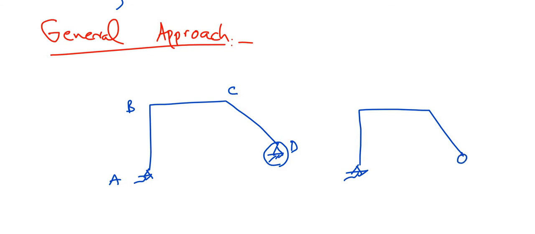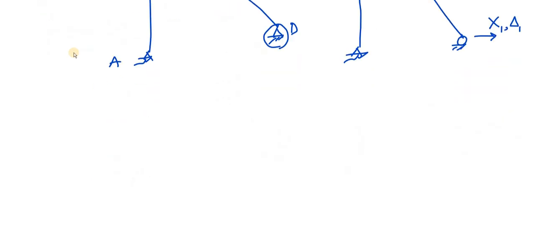So this will become a roller, and we will consider a redundant over here. Let's represent it by x1. And we will also consider a displacement measure delta 1 using again this basic approach, delta 1 naught plus small delta 1 1 x1 equal to delta 1.